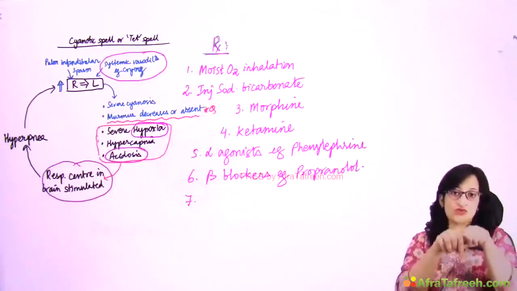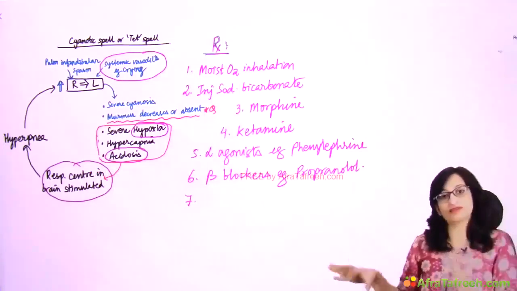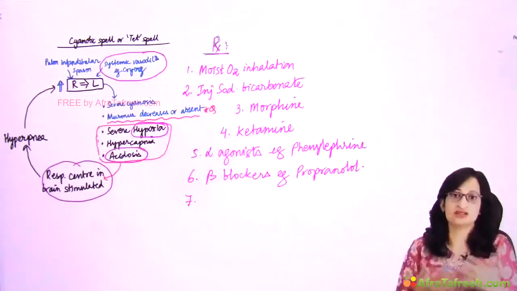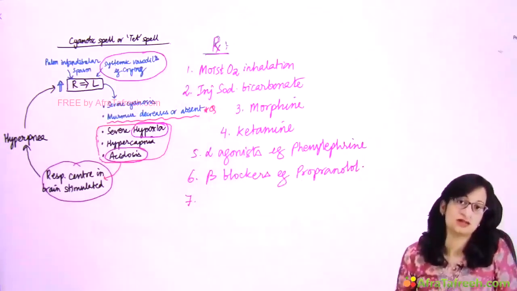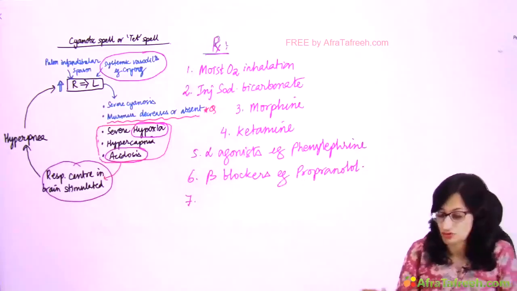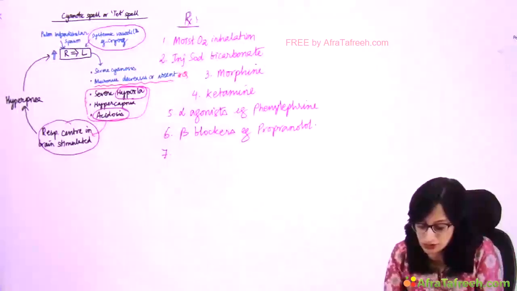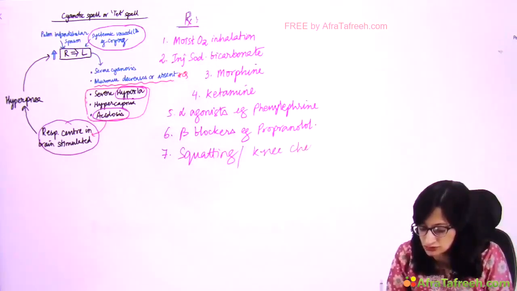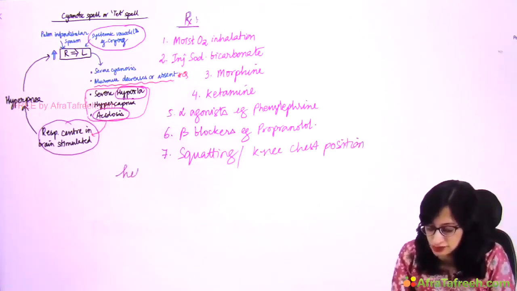Another thing is, if you fold the lower limbs, some blood gets trapped there in the lower limbs. So more blood going to the right side of the heart is not happening. So this knee-chest position or squatting position helps in aborting the cyanotic spell.